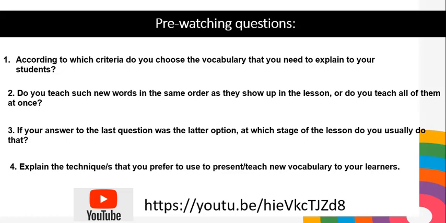What are the criteria I take into consideration when I am introducing a vocabulary lesson? If you want to write in the chat box, I'll wait to see your answers. If you want to say something, raise your hand and use your microphone, and I am waiting to listen to your answers.